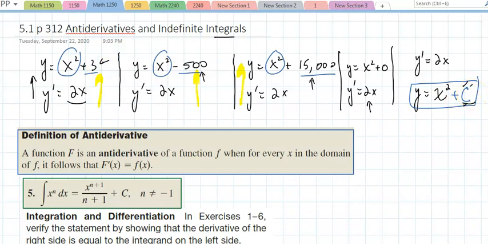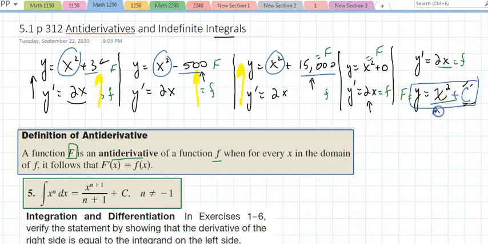So here's the definition. It says, a function capital F of x is an antiderivative of a function f of x. So here they're labeling this f and this capital F. This is f, this is capital F. And if you call this little f, here they're saying this is the antiderivative of this.